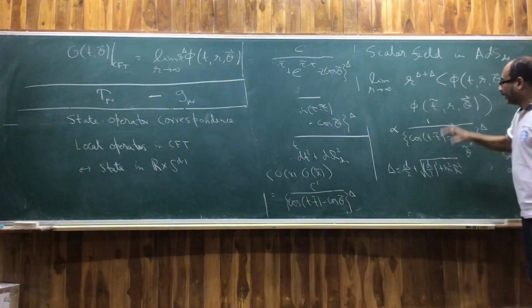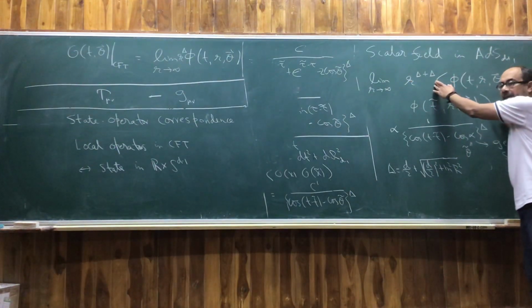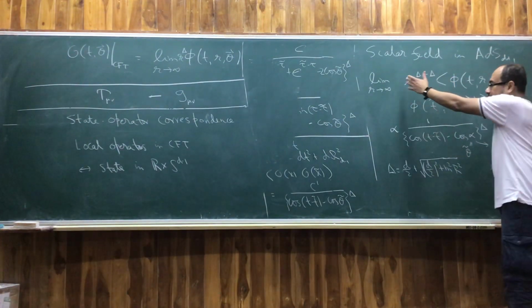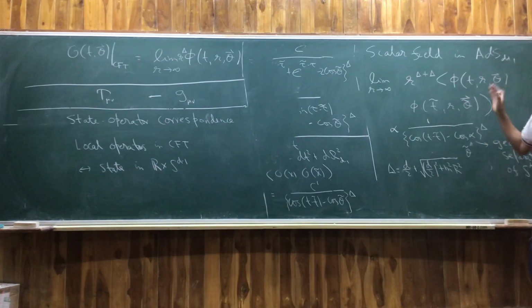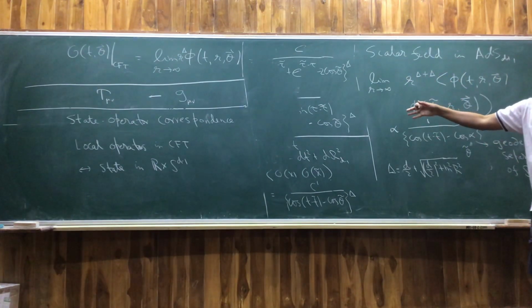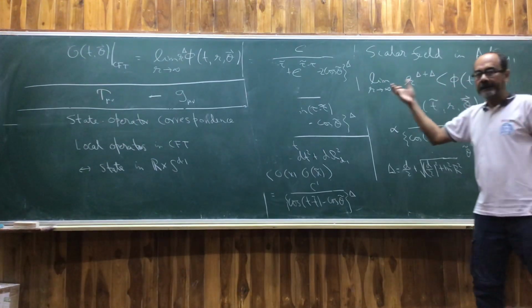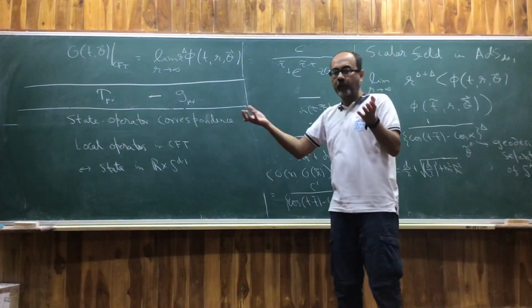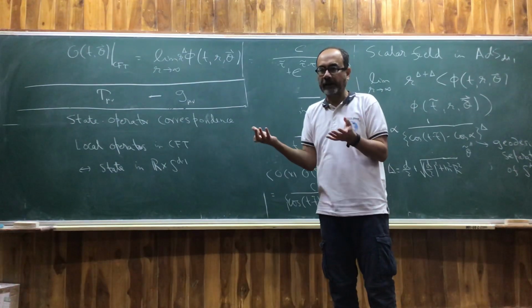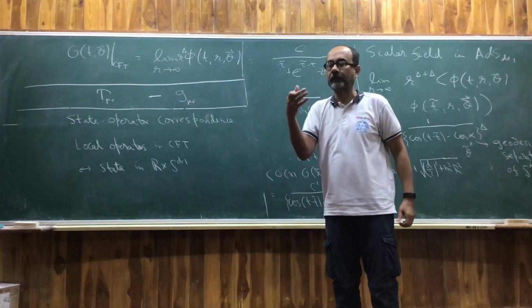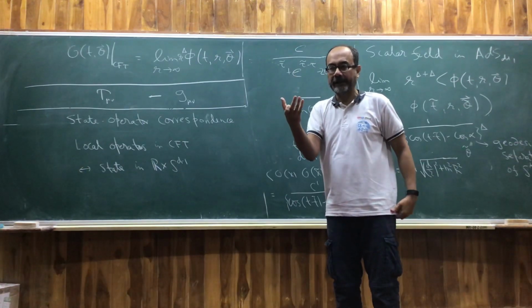So as a result, while this is invariant under SO(d,2), this combination is not invariant, but it picks up a t and theta dependent factor. And that factor is precisely the factor that comes in under a conformal transformation. We say under a conformal transformation there is e to the delta omega.